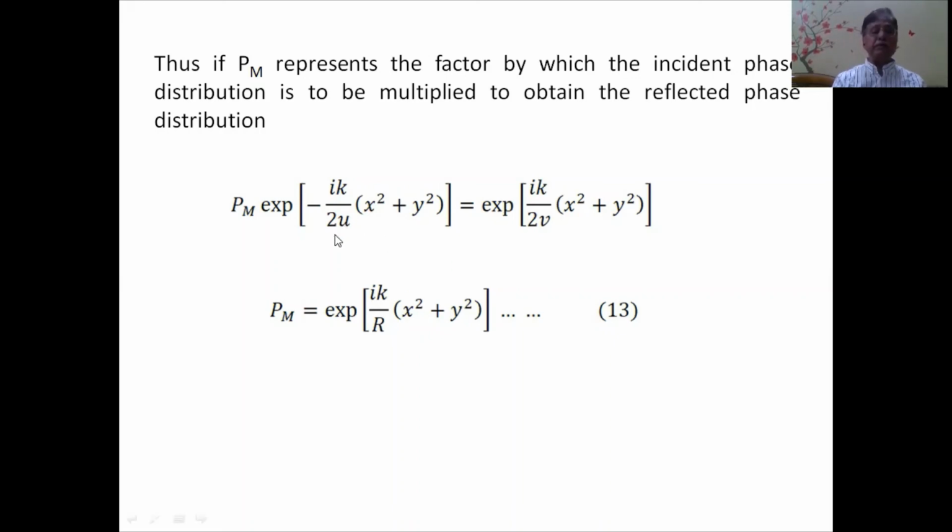So PM into exponential minus i k by twice u x square plus y square is equal to exponential i k by twice v x square plus y square. So PM is equal to exponential i k by R x square plus y square.